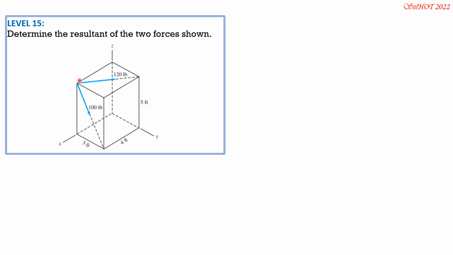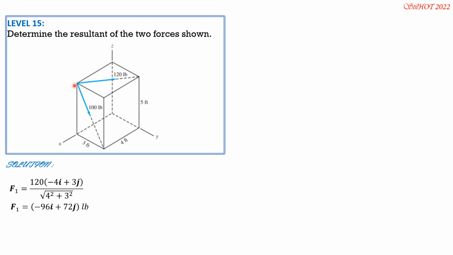So F1 is 120 times quantity negative 4i plus 3j over square root of 4 squared plus 3 squared. So F1 is negative 96i plus 72j.